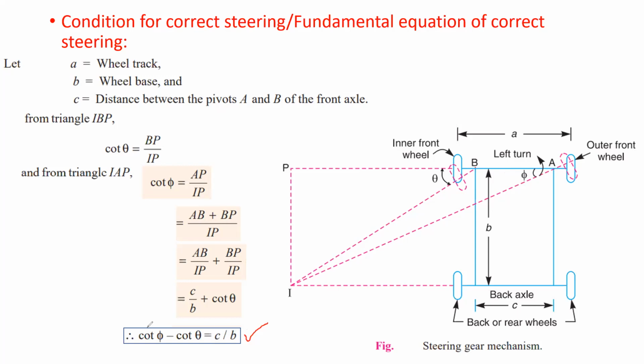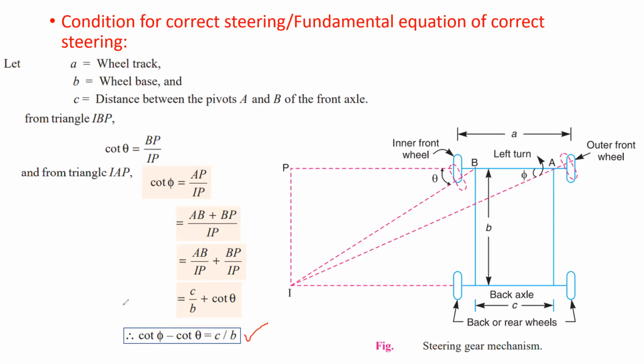Whichever mechanism satisfies this equation is called a mathematically correct steering mechanism. We will see in our further discussion that there are two steering gear mechanisms. One is called the Davis gear, and the second is called the Ackermann gear.